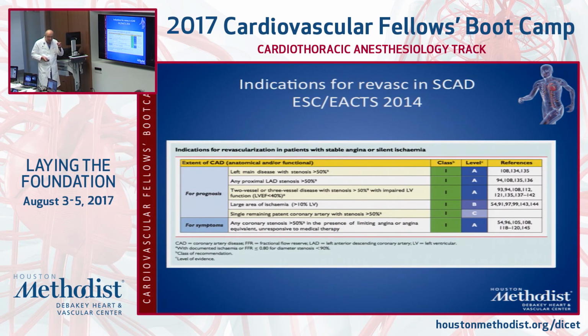In other words, you don't just look at it and say, I think that's bad and I'm going to treat it. You get a number that actually tells you what the functional significance of that lesion is and treat it based on that.